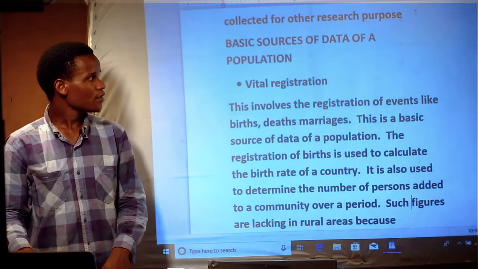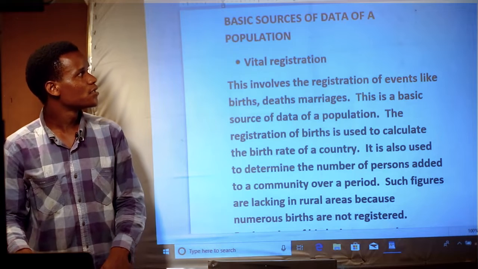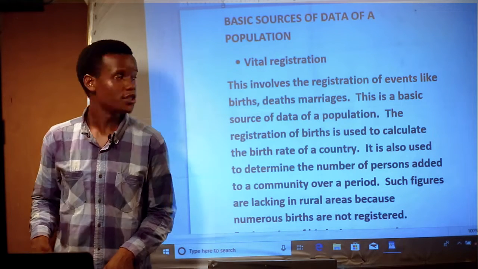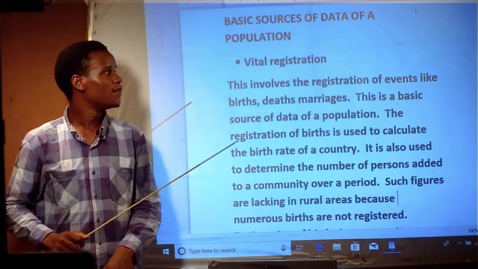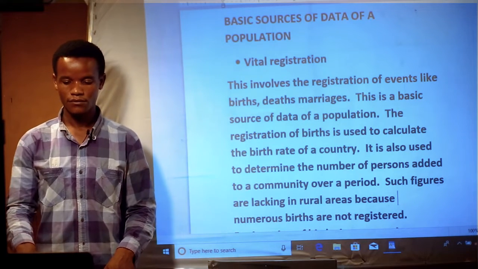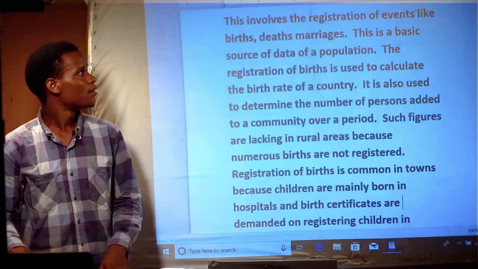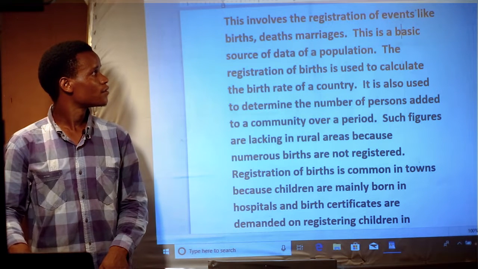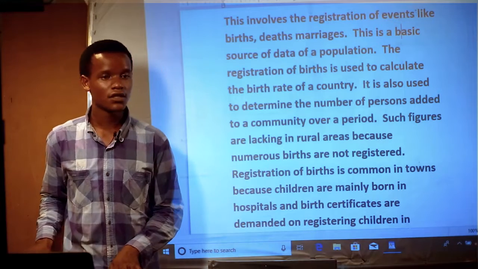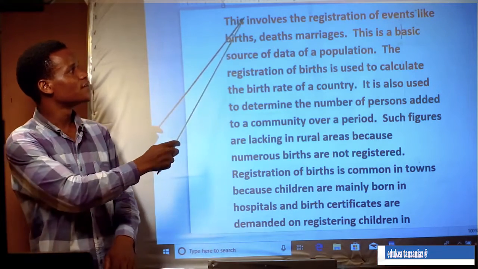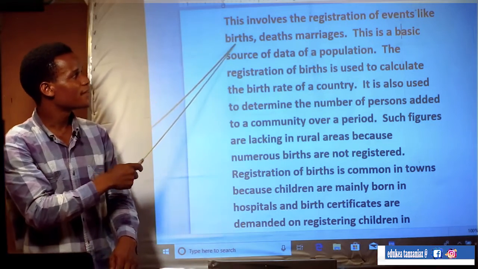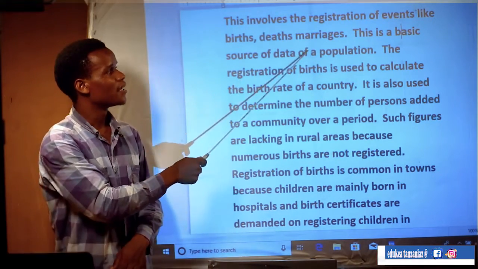Okay, let us now see the basic sources of data in a population. The first one is vital registration. When we talk about vital registration, this involves the registration of events like birth, death, and marriage.